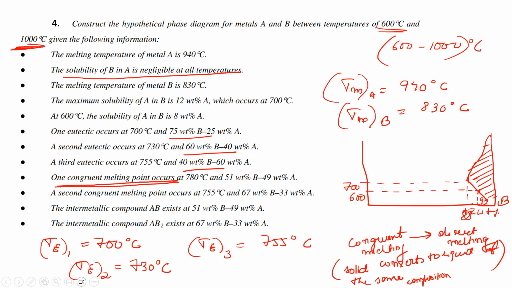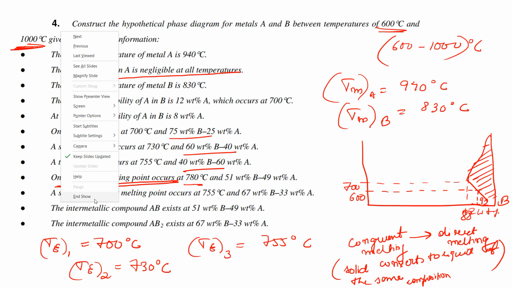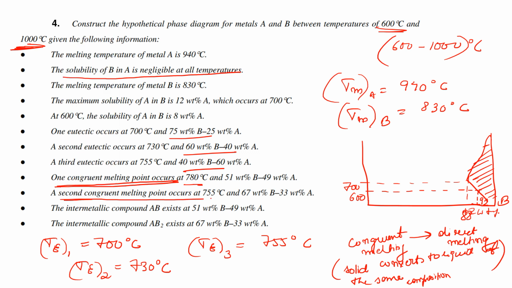So this is my congruent melting, and this congruent occurs at 780 degrees centigrade. The second congruent melting point we have been given occurs at 755 degrees centigrade. And intermetallic compound AB exists, and intermetallic compound AB2 exists, and the positions of them are already specified here.